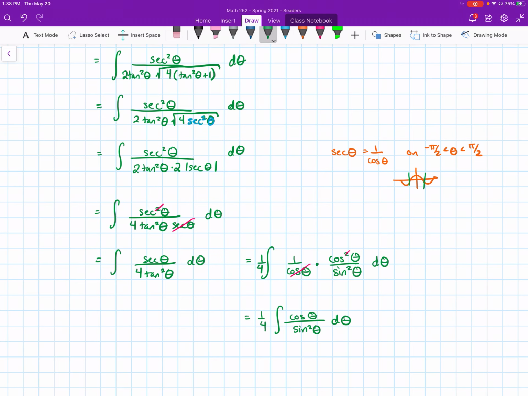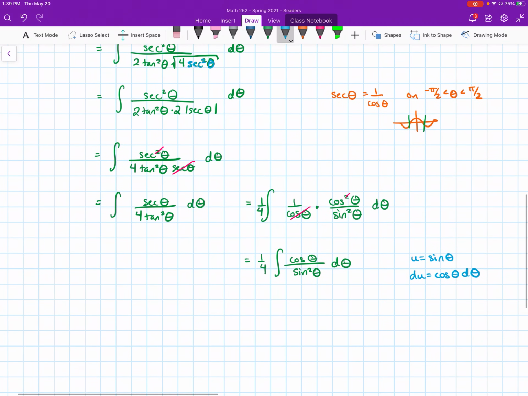So now that I have these two trig functions, and it's just cosine and sine, I know the derivative of sine is cosine, I can look for a u substitution and see that if I use u equals sine theta, du is cosine theta d theta, that I can sub in and get 1 over u squared. So I get 1 over u squared du.